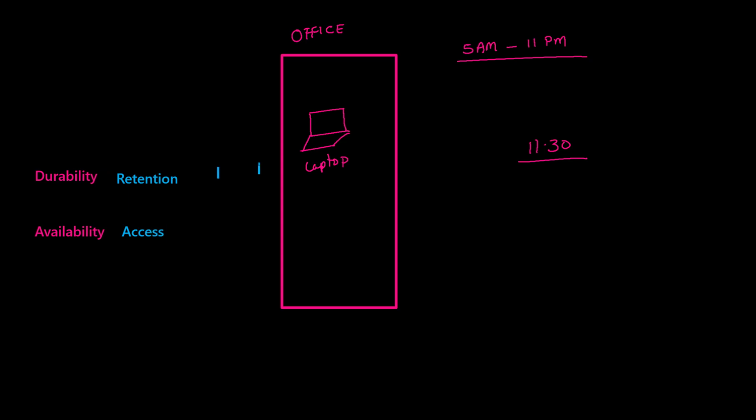Let's see this here. My laptop is still there. It is not stolen. It has not vanished. It is still there, so it is retained for me. That is durability. But can I access it right now at 11:30? The answer for that is no, and that is your availability.